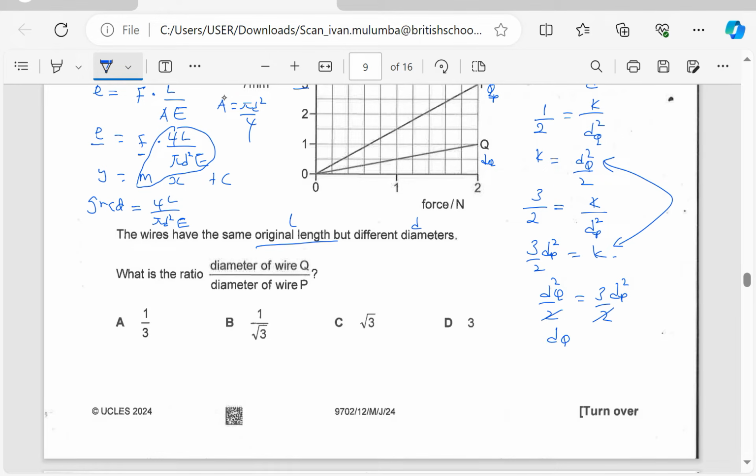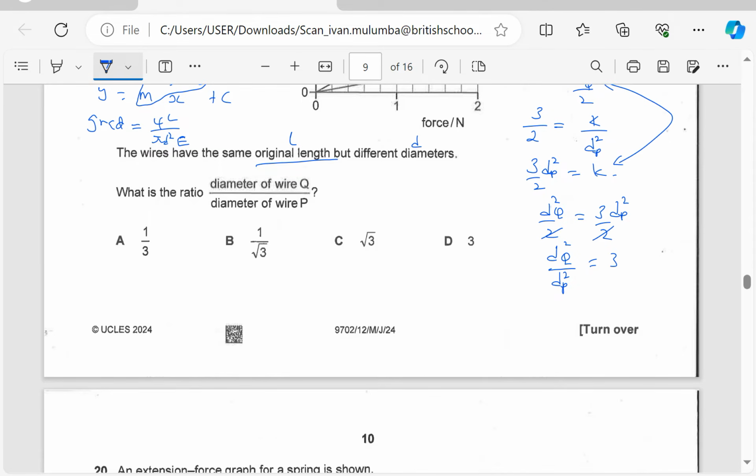So I have diameter of Q squared divided by diameter of P squared equal to 3. I find the square root of both sides. So diameter of Q divided by diameter of P is the same as the root of 3, which makes the answer C. I don't think that is a repeated question. It's a past paper question.